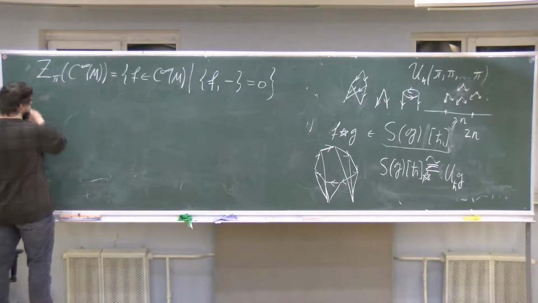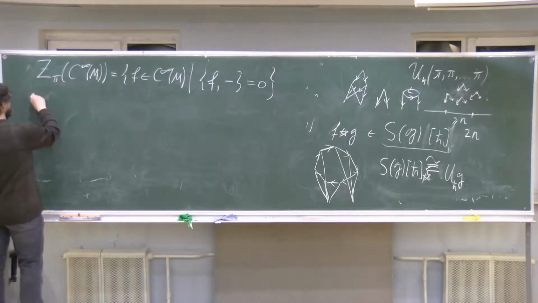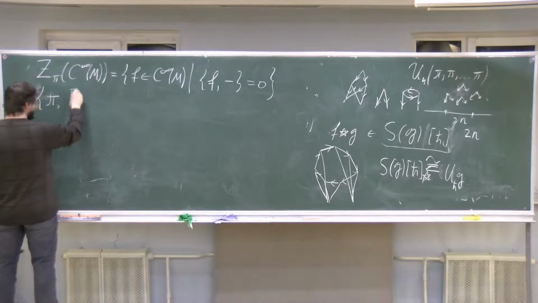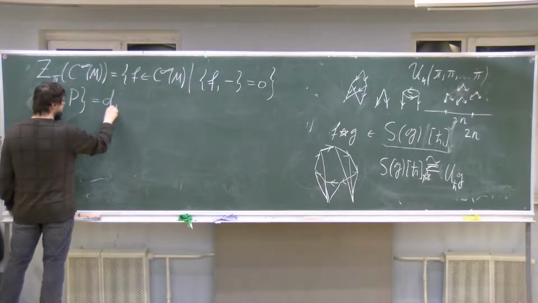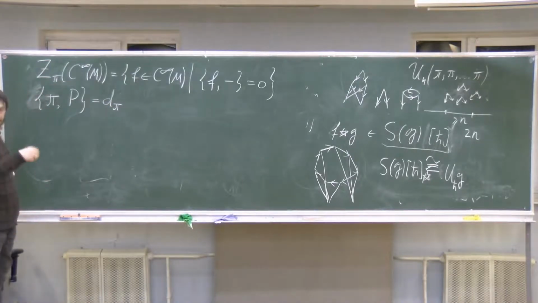Speaking in a more refined way, you can regard the Schouten bracket with a Poisson bivector. If you have a polyvector P and a Poisson bivector pi, then taking the Schouten bracket of P and pi, you can regard it as a new differential in the space of polyvector fields.